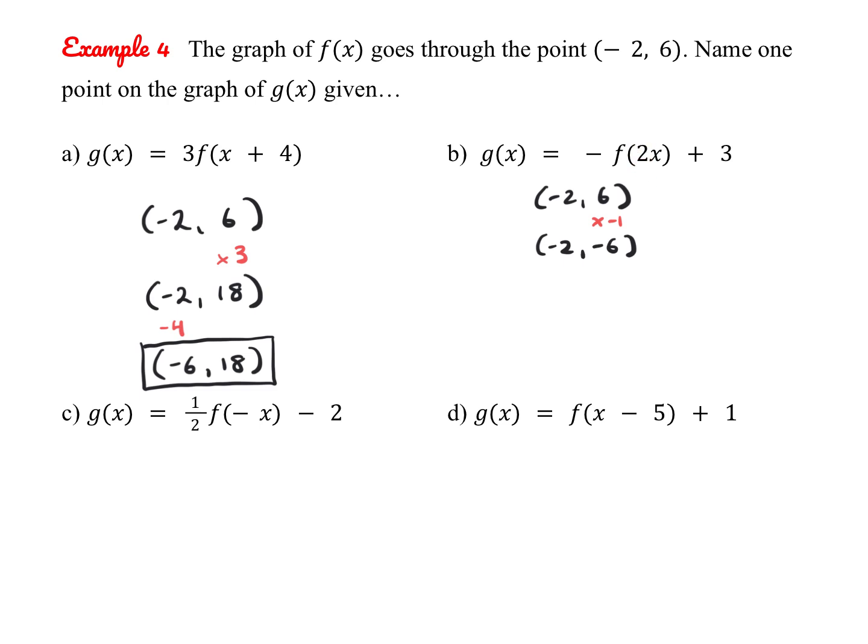So I'm going to multiply my x value by 1/2. So now I'm at -1, -6. And then the last thing I need to do is this vertical translation up 3. So I'm actually going to add 3 to my y value. So -1, -3. And that would be my transformed coordinate.